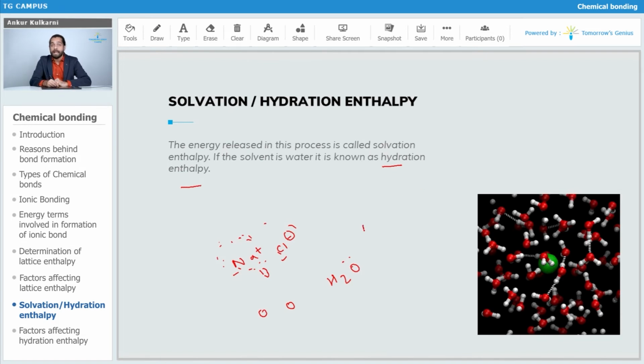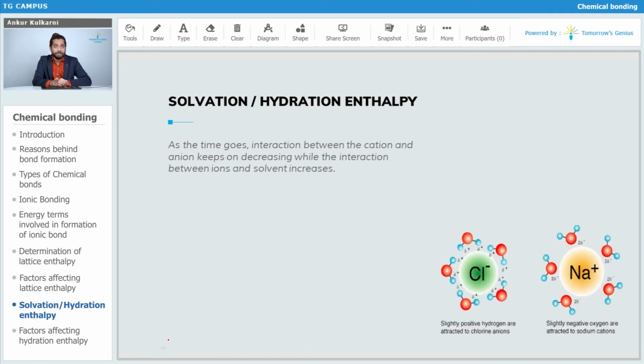When your cation or anion is surrounded by solvent molecules, in this process where the bond breaking is taking place and the solvent molecules are gathering around the anions and cations, the energy which is released is your hydration energy or hydration enthalpy.